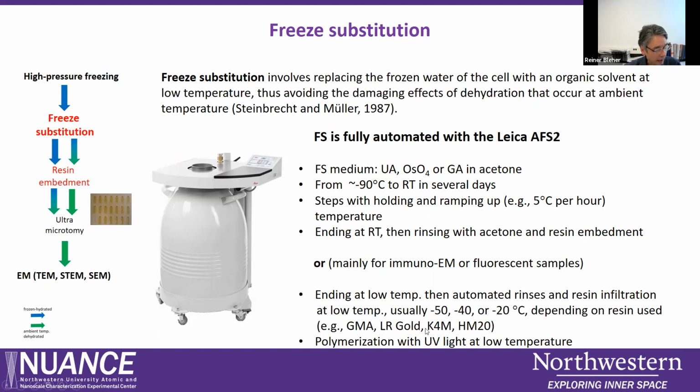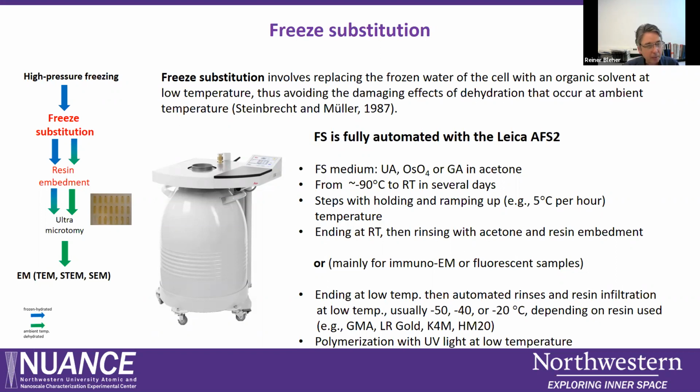This can be very helpful for samples that we want to use for immunolabeling, or for samples that we want to retain fluorescence in, so samples that have been labeled with fluorescent markers and then frozen. If we follow those procedures, there is a chance that we can make slices that can be observed in the light microscope with fluorescence before they are observed in the electron microscope, which would then be a correlative approach.